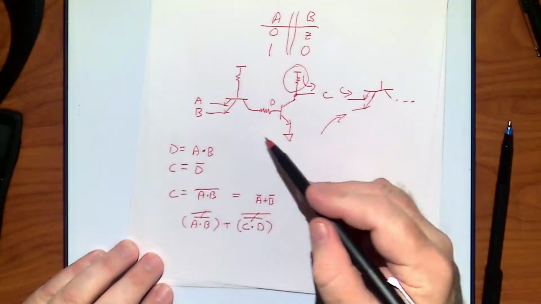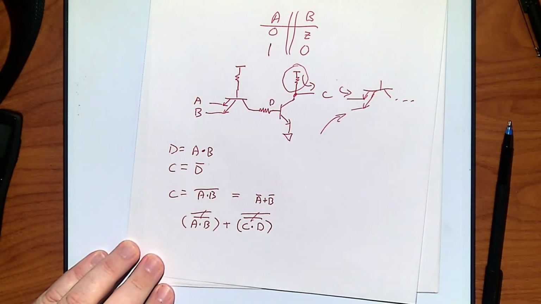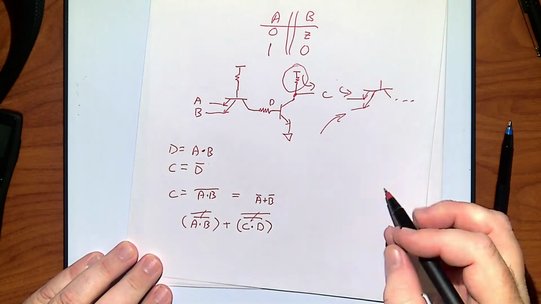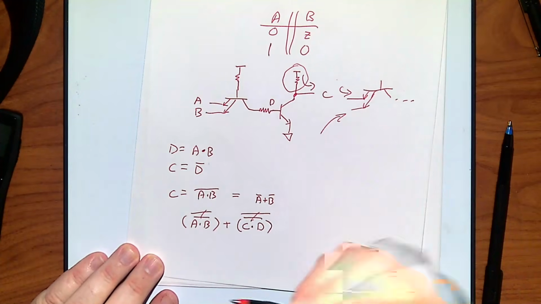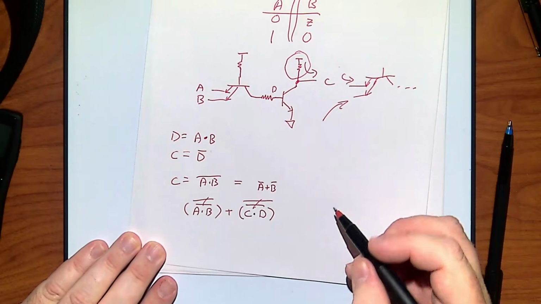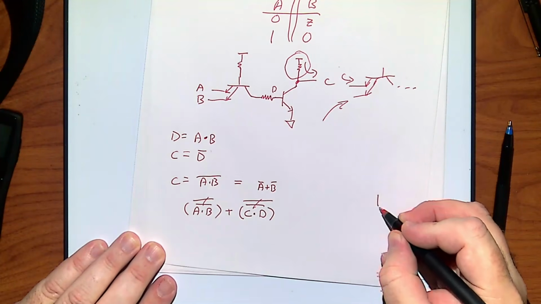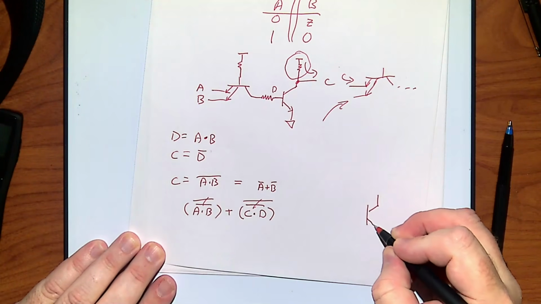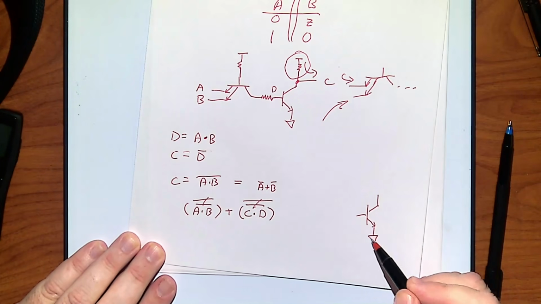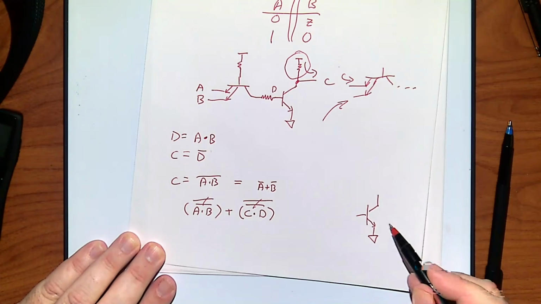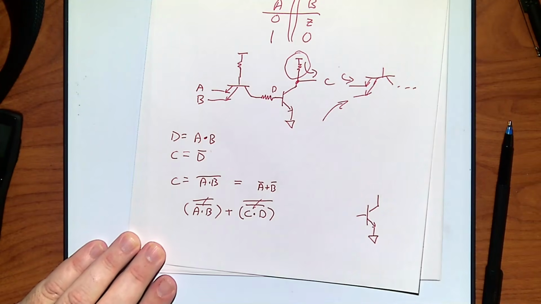Well, I already kind of know how to do that. I know I could take another one of these and switch them to ground. So I could take this transistor, and if this turns on, it connects, and I'm golden.